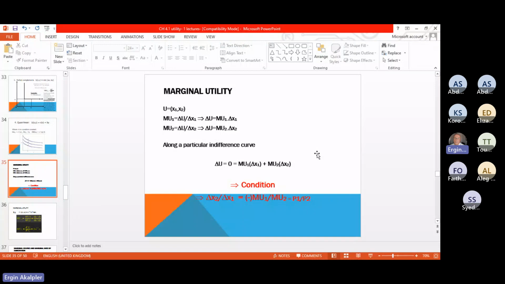Marginal utility of 1 is delta U over delta X1, and marginal utility of 2 is delta U over delta X2.